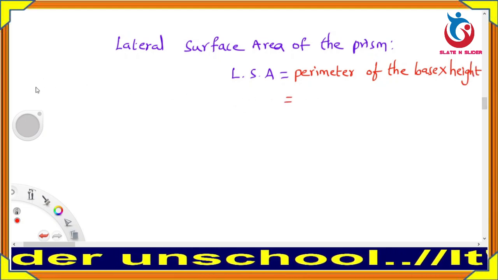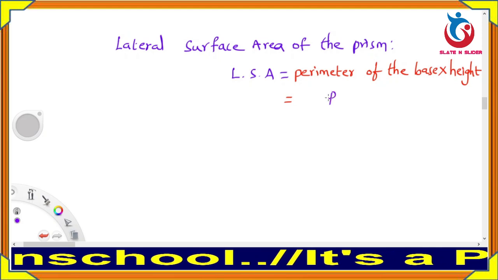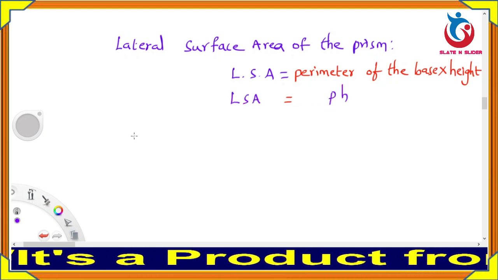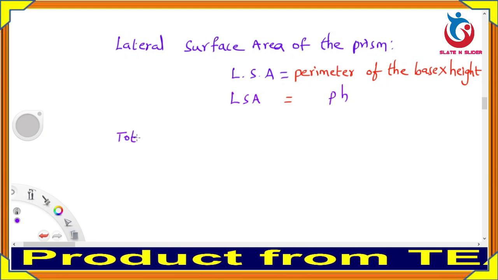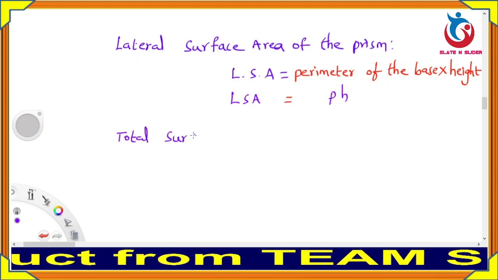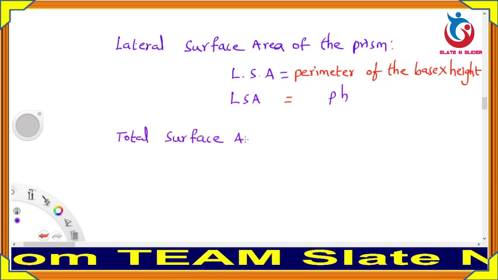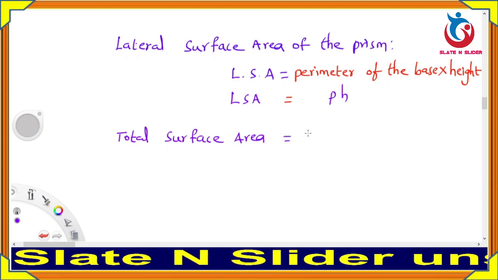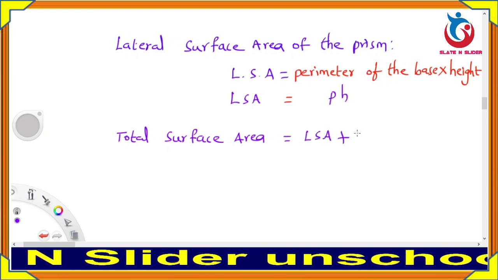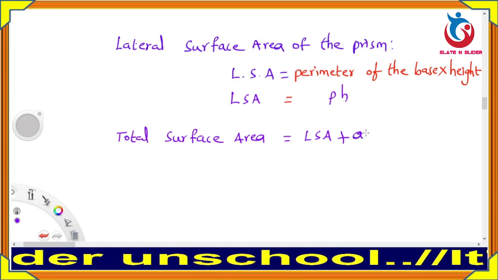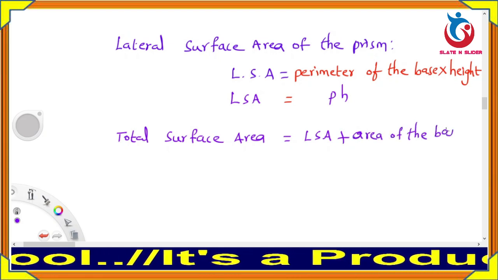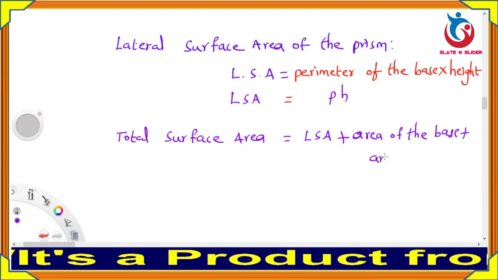Perimeter means P into H, PH, that is LSA. And total surface area is equal to lateral surface area plus area of the base plus area of the top.